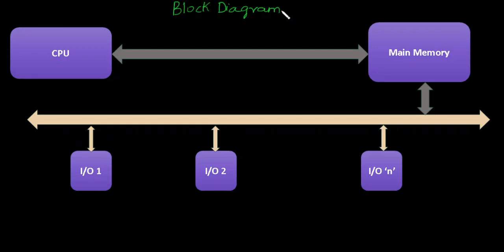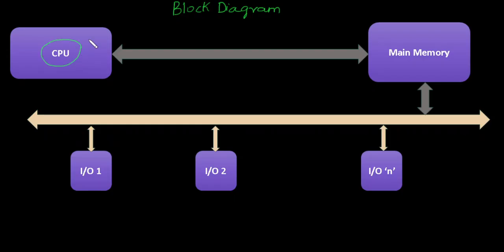One is the CPU, also called the processor, and the other is the main memory. Friends, in any computer, we have a lot of components like CPU, main memory, keyboard, mouse, monitor, printer, etc. We call them IO devices. So, our focus is on the processor.